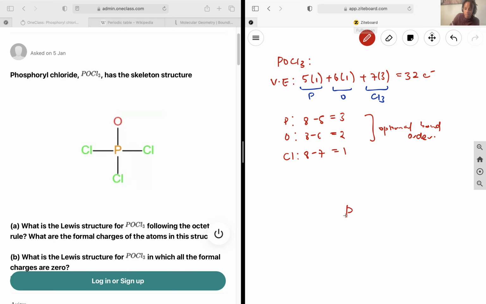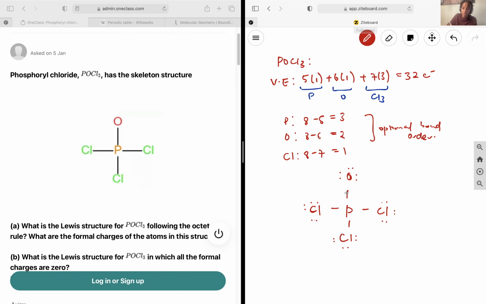And so we're going to have P in the middle, 3 Cls, and 1 O. Let's start with 1 bond on each of them and fill in our octets. And this is what we're given as the Lewis structure following the octet rule.